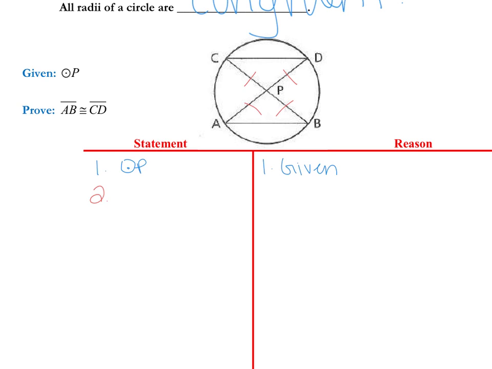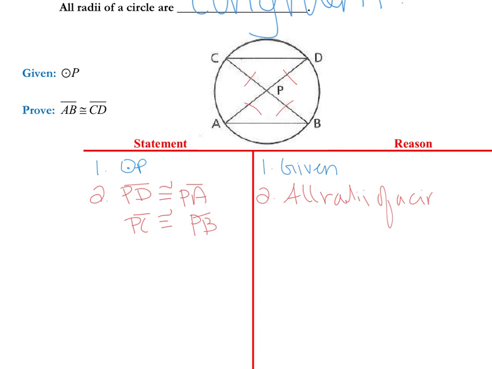So we would say that PD is congruent to PA, and PC is congruent to PB. So all radii of a circle are congruent.